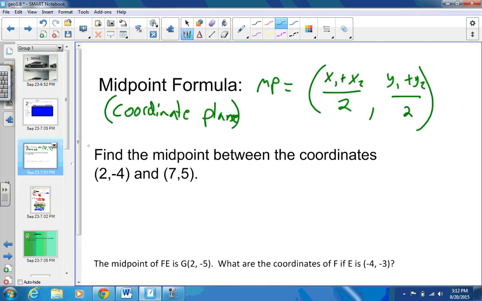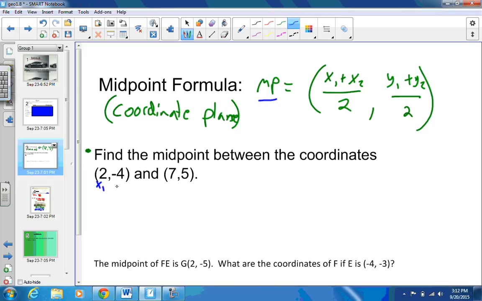So an example here, find the midpoint between the coordinates 2, -4, and 7, 5. I don't recall if we did this one or not. If we did, awesome. If we did not, even better. But let's just plug this in so you can maybe review how to do this. If you're using the formula, you're just plugging in. It does not matter which one is your x1 or your y1.